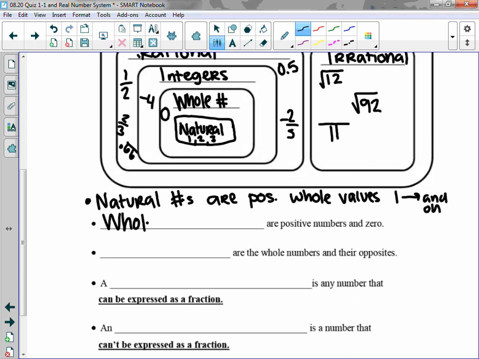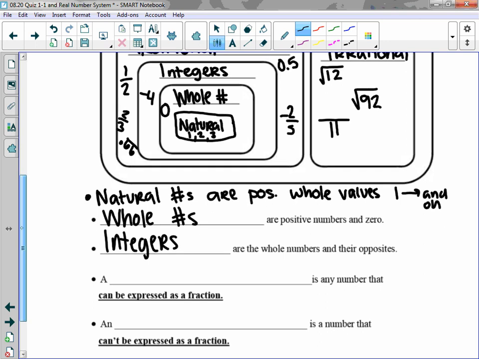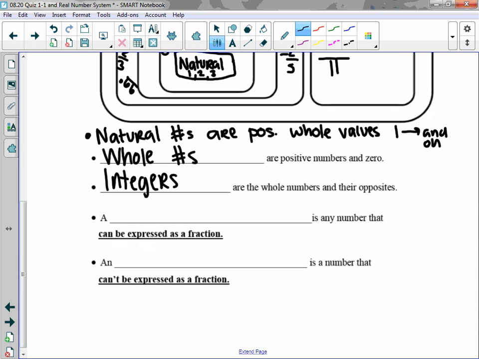We're working our way back out of the box. Whole numbers. Blank are whole numbers and their opposites. So there you go. Integers. Blank is any number that can be written as a fraction. There you go. Rational. And blank cannot be expressed as a fraction. Irrational.